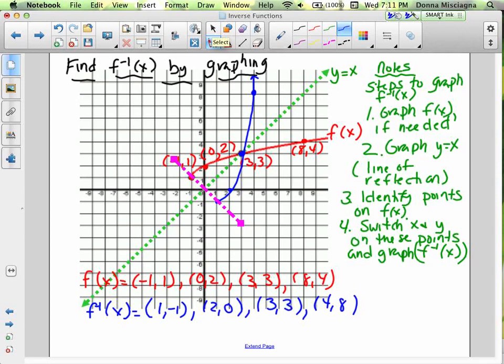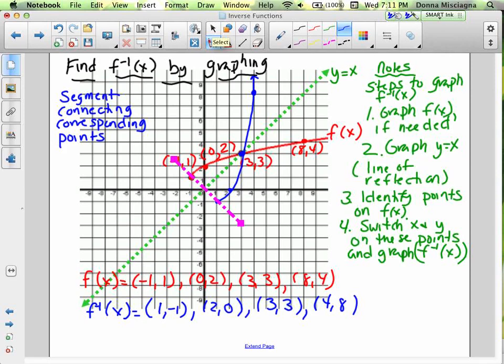Right? So a segment connecting corresponding points. And then when we're doing, this was geometry, we had a pre-image and an image.